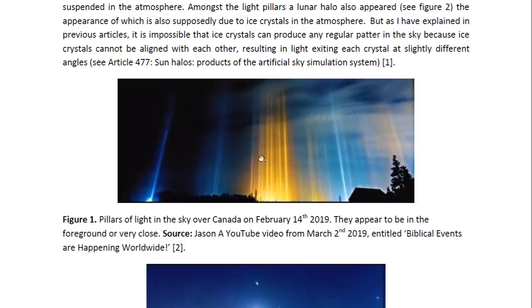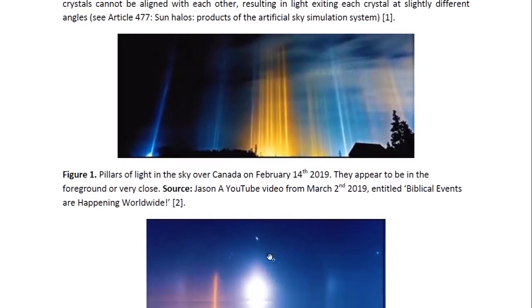And here you can see these pillars of light in the sky over Canada. You can see that they appear to be in the foreground. They appear to be in front of features that are behind them, that are seen but yet are behind us. So they appear to be very close to the observer.